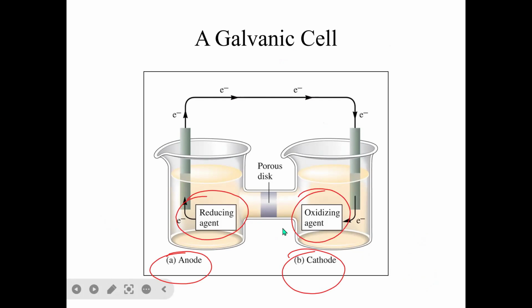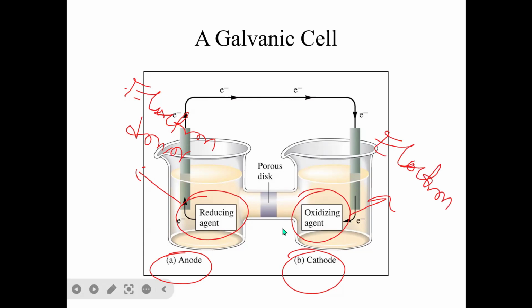So what is a reducing agent? From our previous class, we discussed that a reducing agent is an electron donor, while an oxidizing agent is an electron acceptor. Therefore, any species that donates electrons is called a reducing agent, and the process is called oxidation.